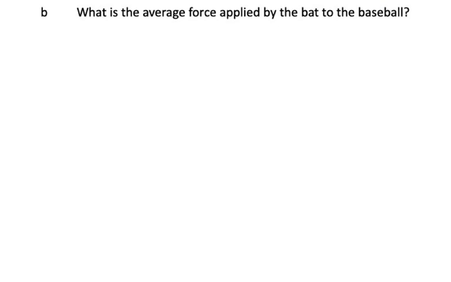Continuing on, what's the average force applied by the bat to the baseball? Well, what we know is that the impulse, or the change in momentum, equals force times time. But the key thing here is that this is delta P. This is the change in momentum.